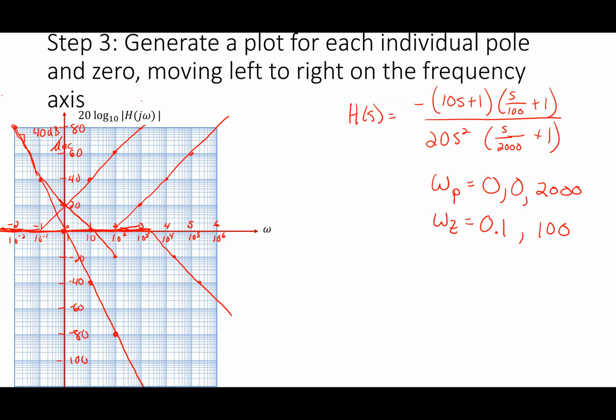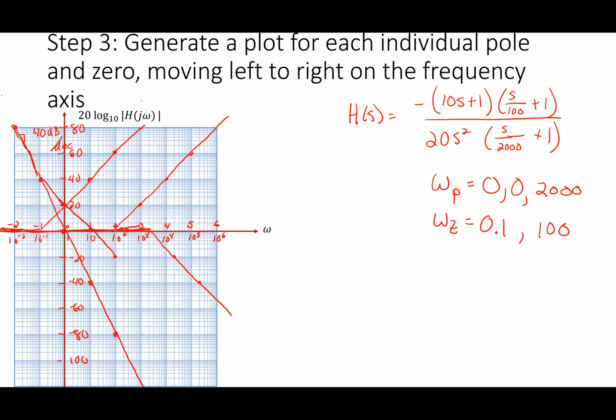Now I stopped there at 10 squared. I stopped at 100. What do I have at 100? I have another 0 that comes in, and that 0 causes me to rise at 20 dB per decade. Right now, the overall graph is falling at -20, and then I come across a 0 that makes me want to rise at 20.